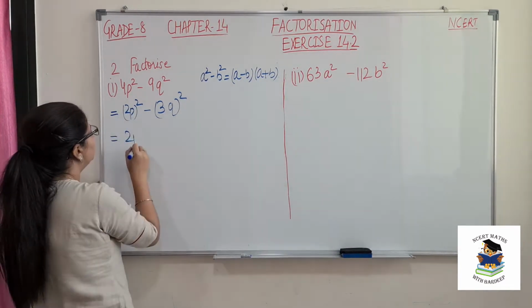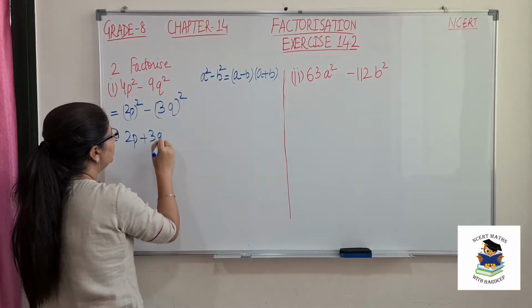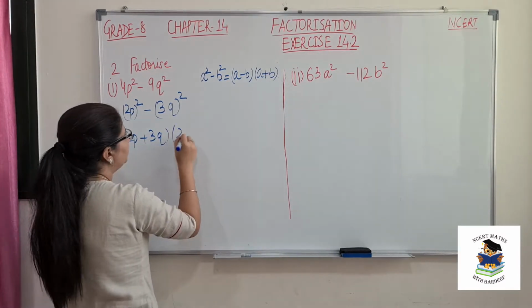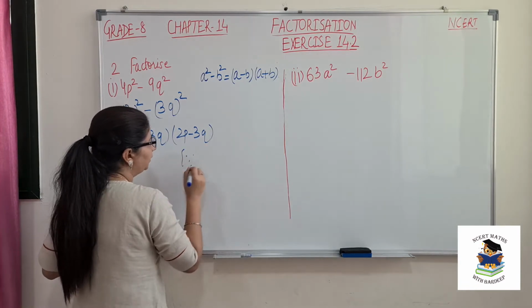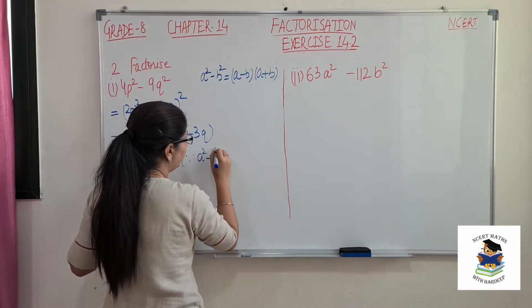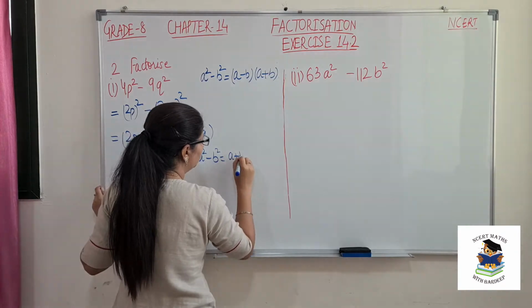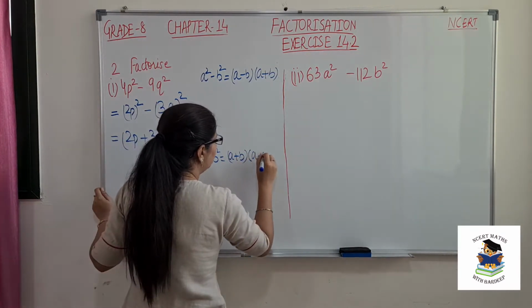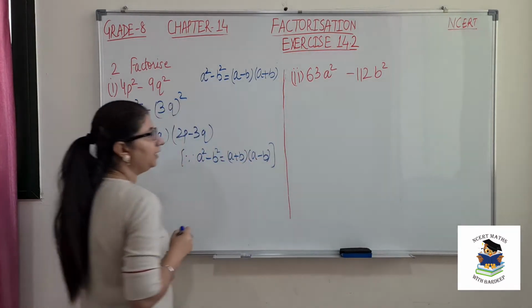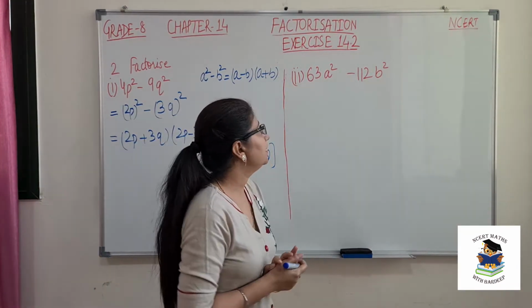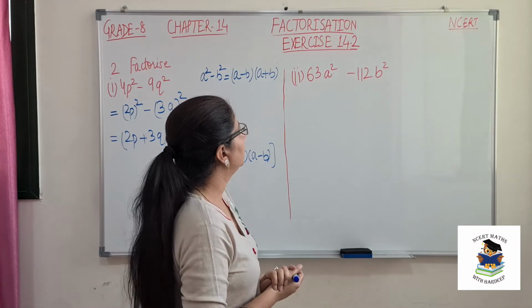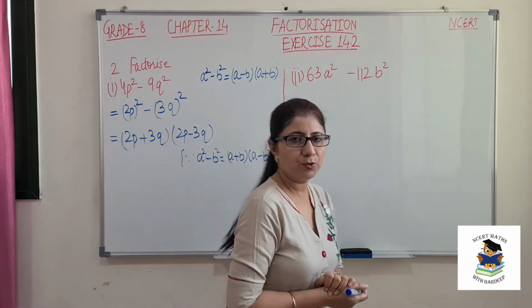So this can be written as 2p plus 3q and 2p minus 3q, because a square minus b square is equal to a plus b into a minus b. Clear?